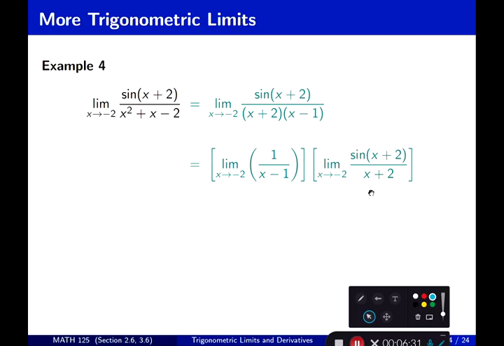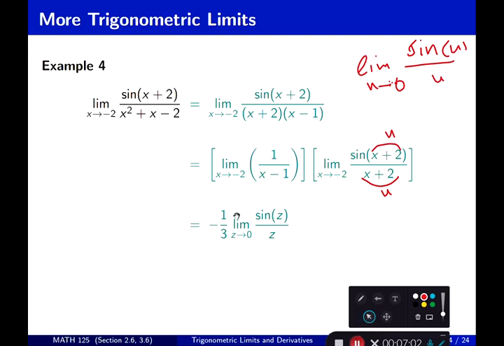But the second one, notice if I say u to be x plus 2, again u is going to go to 0, therefore the second part just becomes that limit of u goes to 0 of sine of u over u. So that's what I'm going to do.